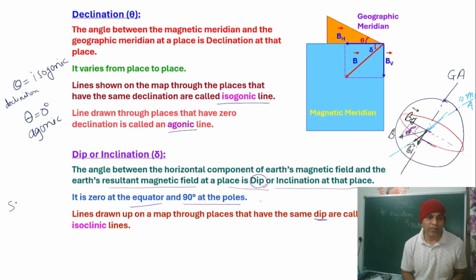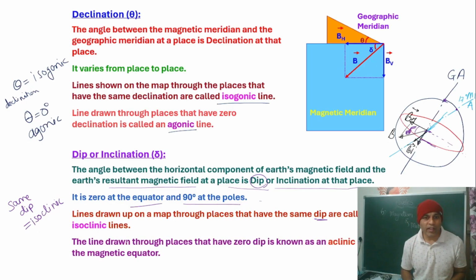Same dip, what we call isoclinic. And the line drawn through places of 0 dip is known as aclinic. There is 0 dip normally at the equator, so there we can call it an aclinic line. It is the magnetic equator.